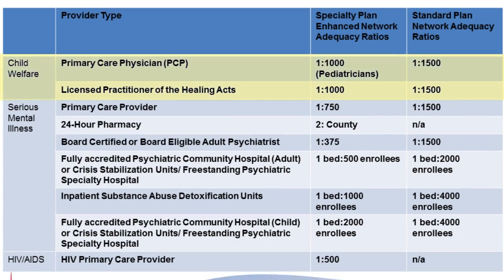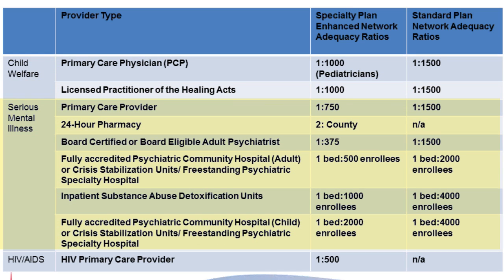So for example, for the child welfare plan, primary care physicians, the child welfare plan is required to have one for every 1,000 enrollees, whereas the standard plans are required to have one provider for every 1,500 enrollees. And for licensed practitioners of the healing arts, the child welfare plan is required to have one for 1,000 enrollees, and the standard plans are required to have one for 1,500 enrollees.